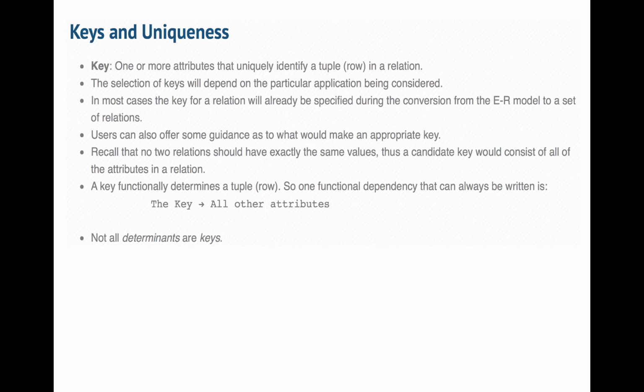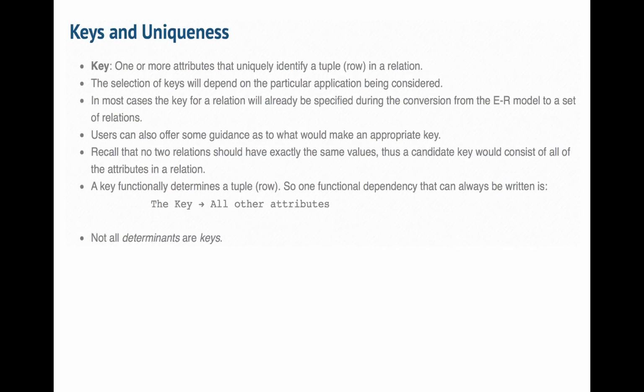Another recall of a definition before we start with normalization: keys and uniqueness. When I say key alone in this session, what I mean is primary key. As we know from before, one or more attributes that uniquely identify a row in a relation is called a primary key, or as we refer to it in this session, key. The selection of keys will depend on the particular application being considered.